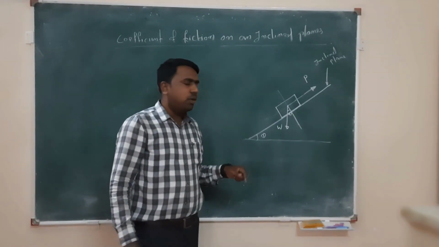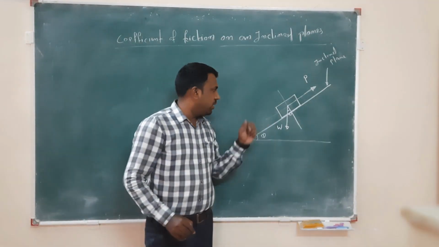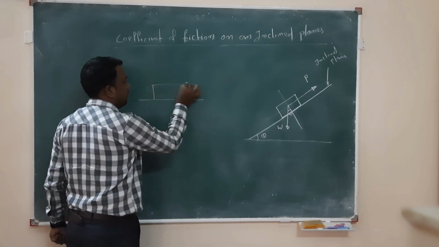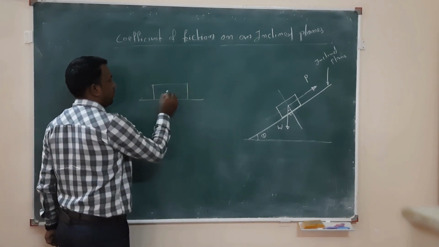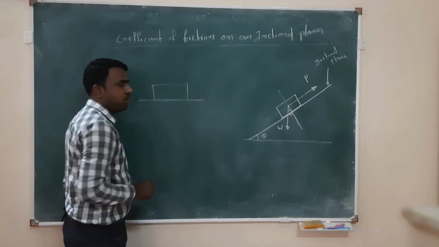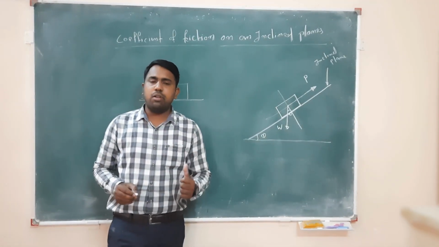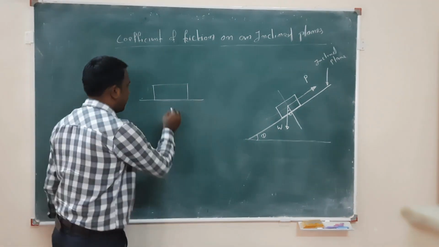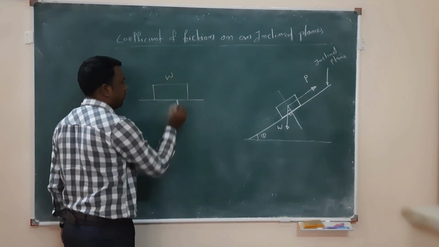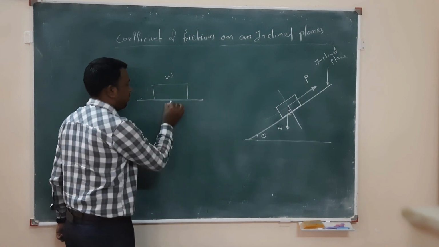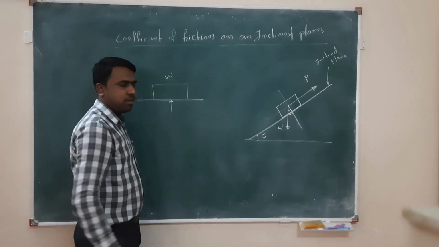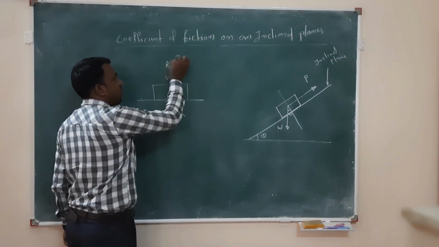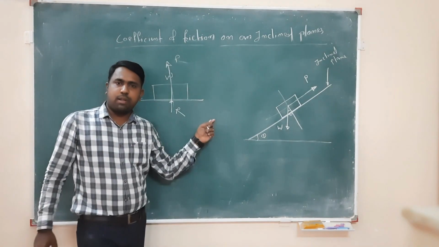So now, when any weight is placed on any surface, the surface can give a reaction that is perpendicular to the surface. So here suppose the weight W is placed on this surface. This surface gives the reaction R, which is normal to the surface.